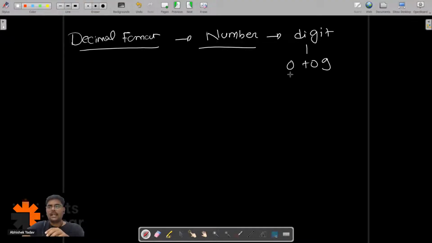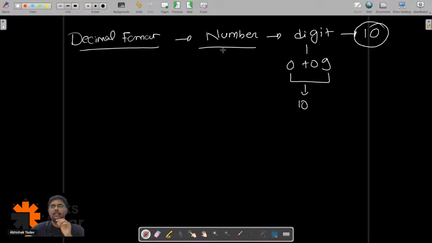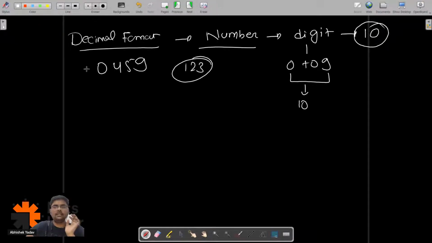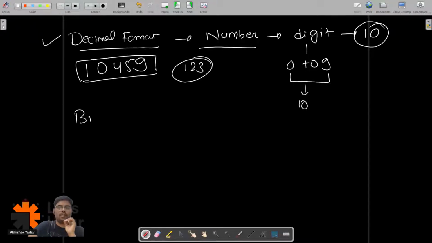How many options are you having? You are having 10 options. So the base is 10 here, right? That is 1, 2, 3. This is your number, right? 4, 5, 9, 0, 1. This is also a number. So basically you are creating a number with the help of digits from 0 to 9. This is decimal format.